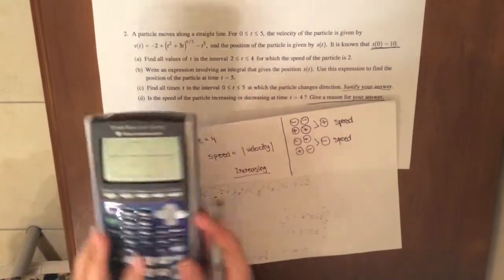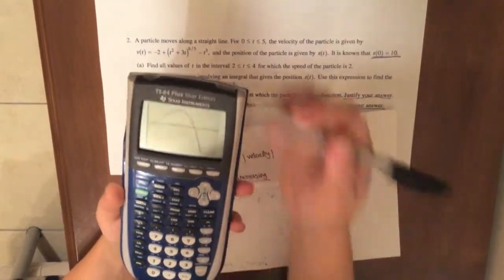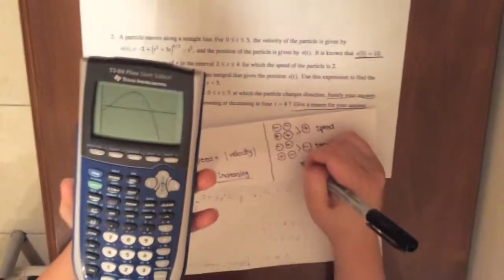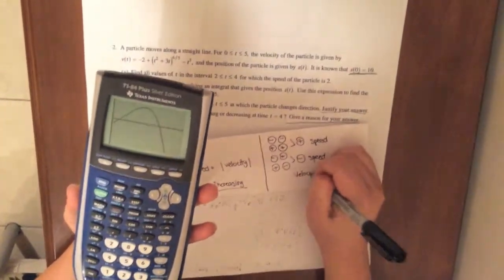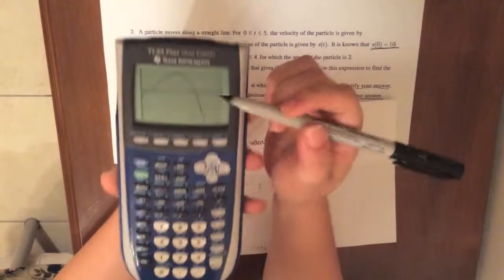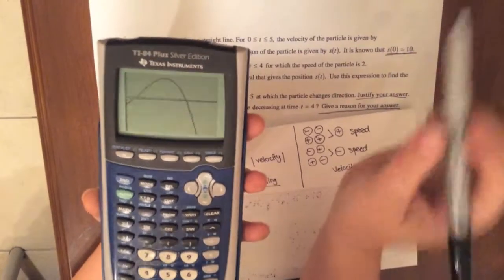So if you take a look at the graph, you see that the velocity is obviously negative because it's under the x-axis. So velocity is negative. And then you also see that the velocity is becoming less. So velocity is lowering.